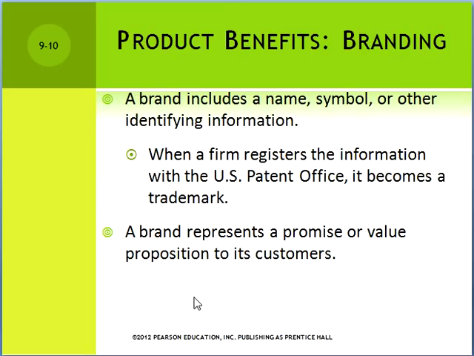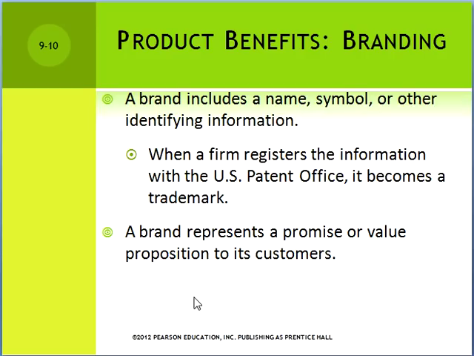Secondly, the benefits from the point of view of branding. As you all know, a brand is a promise from the organization that they will deliver to you the product or the service consistently all the time. So for example, when you purchase Apple products, the Apple brand has promised that their products are innovative, they'll be very unique, and you will enjoy their products, and that's what they deliver.